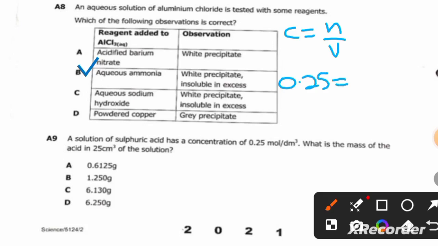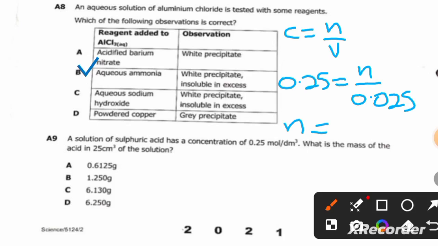0.25 is equal to number of moles over volume, which is 0.025. So the number of moles, therefore, we are going to say 0.25 times 0.025.